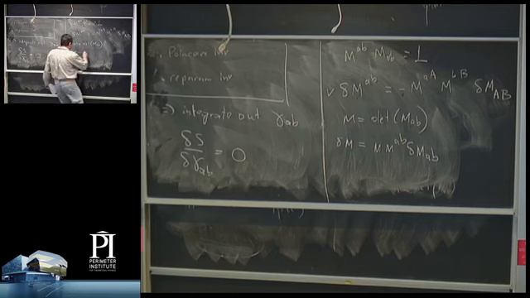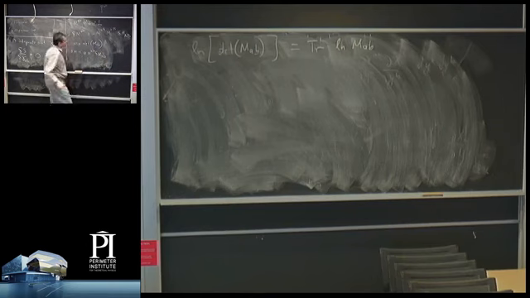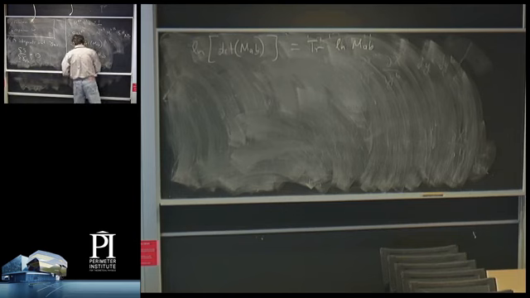The answer is that it's M times M^{AB} delta M_AB. So there is this nice formula. Do you want me to derive it? It's one line. Let me remind you how to do it.